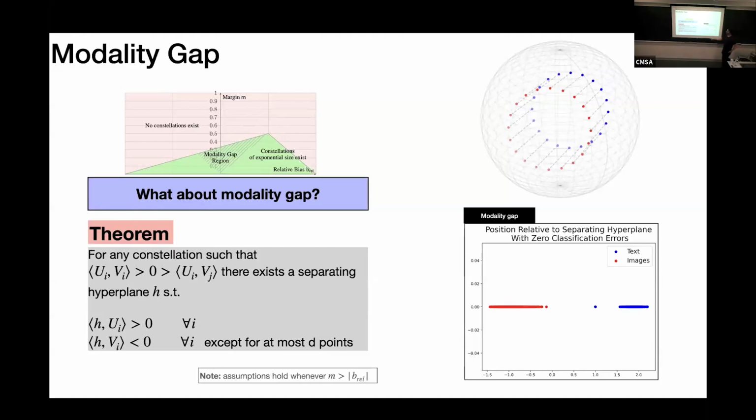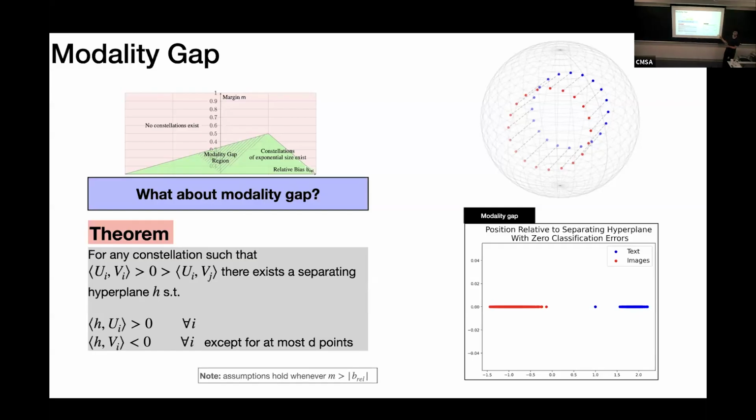Now, what in the world is this? Well, this holds whenever the margin is bigger than this relative bias parameter, right? Because these matched pairs have inner product at least B plus M, and these are below B minus M, and so we want those two quantities to straddle zero. So this captures this shaded part of the green region. Okay.